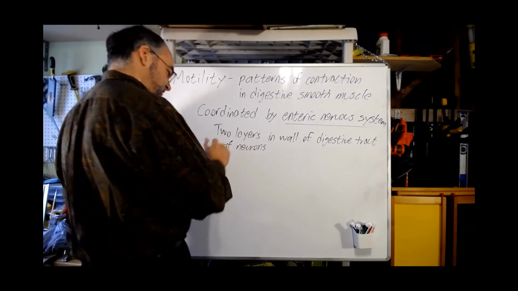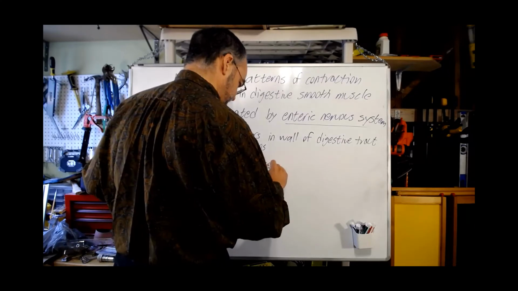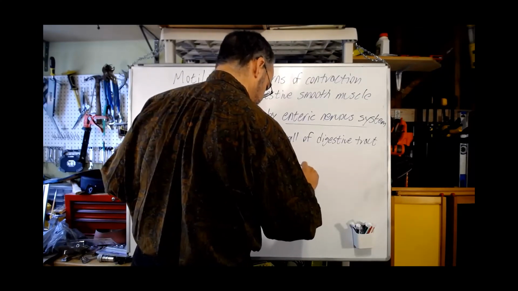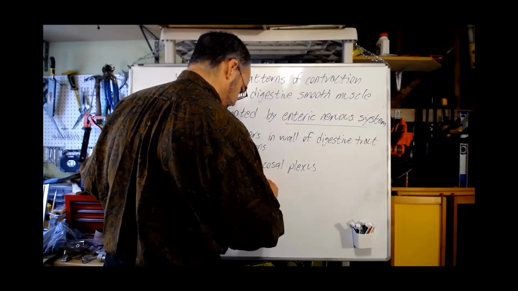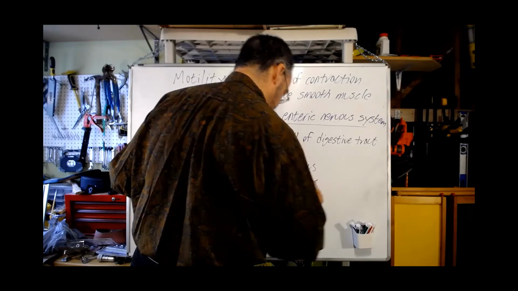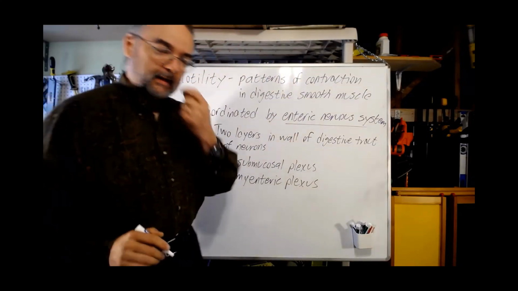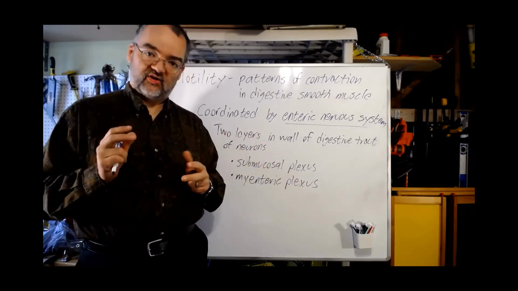Those 2 layers are the submucosal plexus and the myenteric plexus. And between the 2 of them, they coordinate all of this.